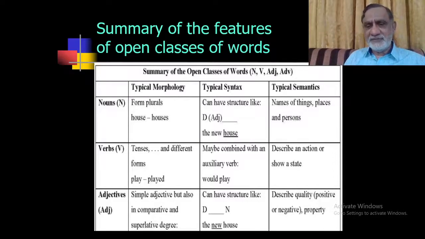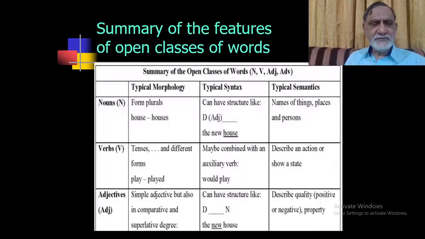Then, from a syntax point of view, nouns can have a structure like D, where D means determiner, and the example is the new house, right? And from a semantics point of view, as I mentioned earlier, nouns are names of things, places, and persons.